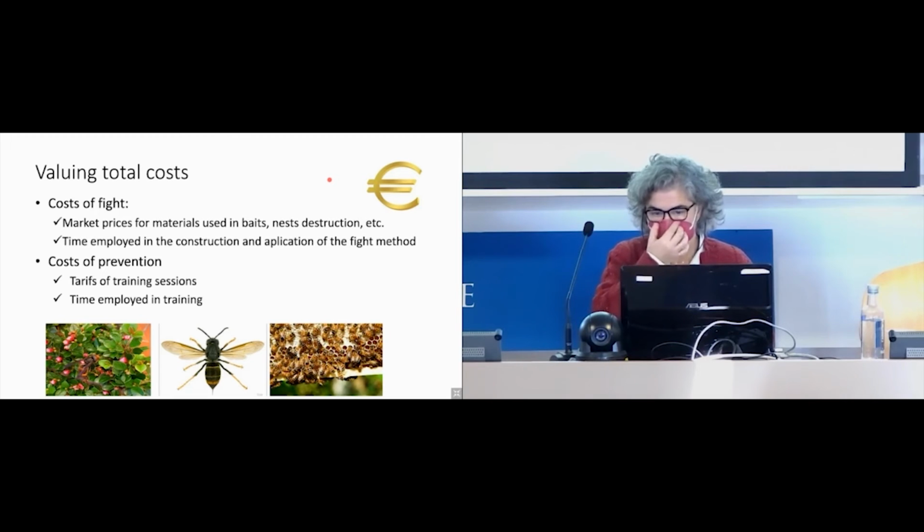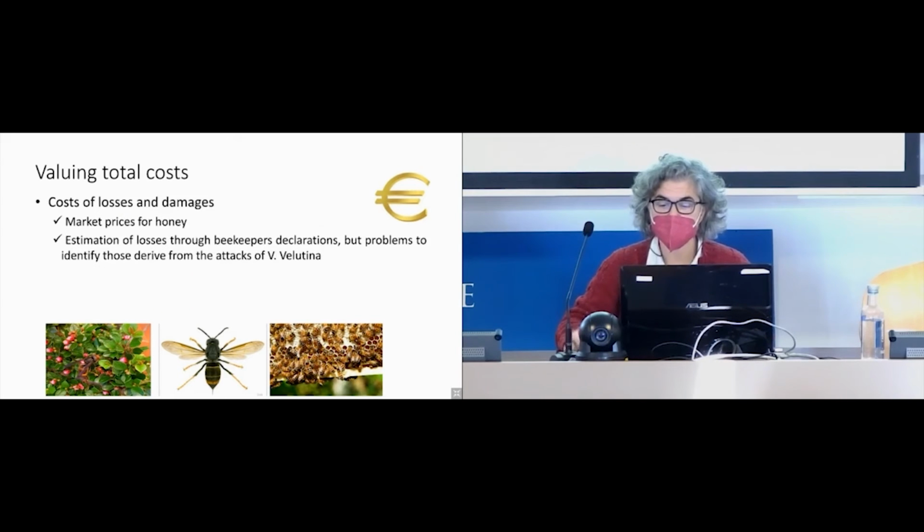The costs of prevention, tariffs of training sessions, for example, and the time employed in training are going to be the criteria used for this valuation. For costs of losses and damages, we will use market prices for honey and the estimation of losses through beekeepers' declarations.